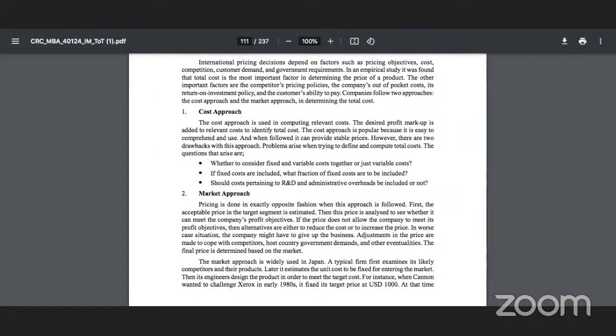So, what do they need to do? They need to apportion a part of the fixed cost over a period of time to the product's cost so that the product cost is more realistic and it is more of a total cost that is involved.